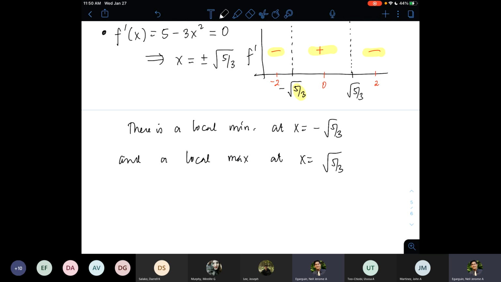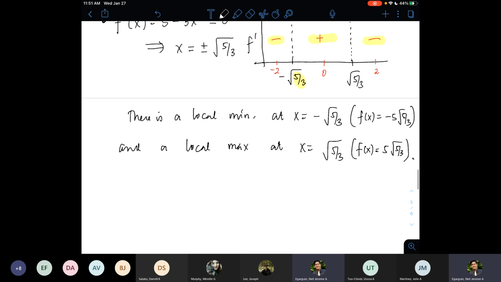And the function values are what? f of x, if we plug in negative root of 5/3, I computed it before, it is negative 5 root of 5/3. And here the local maximum value is 5 root of 5/3. Okay. And then, oh, it's already time.